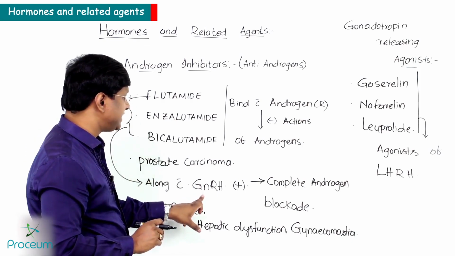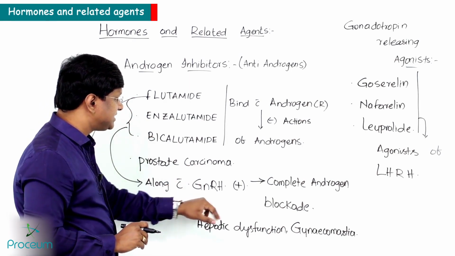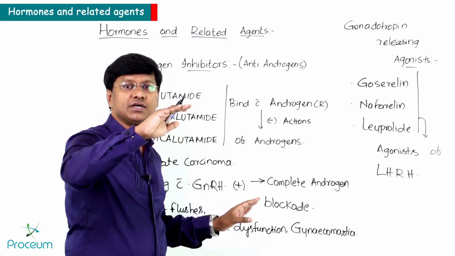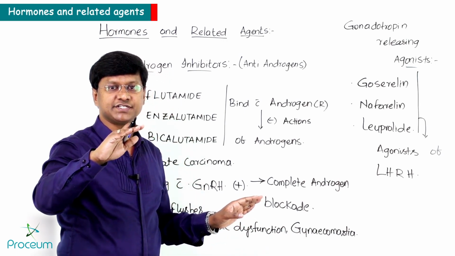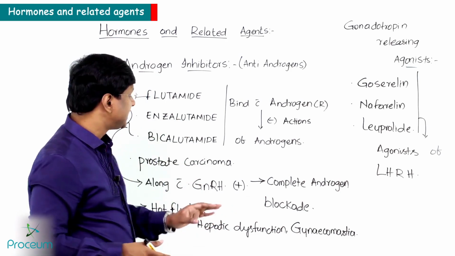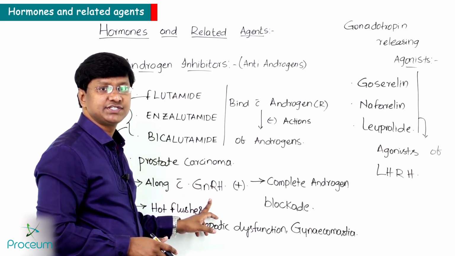When you are giving androgen inhibitors along with the GnRH agonist, what is the idea there? Initially it will cause the transient release of LH and FSH, followed by inhibition of release of the gonadotropins. So that is the purpose why we combine the androgen inhibitors with the GnRH agonists.